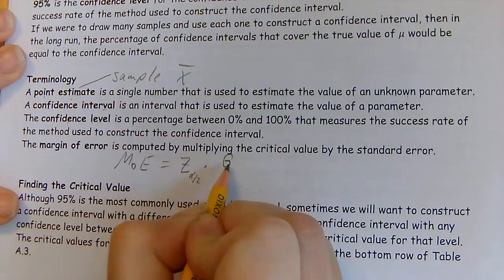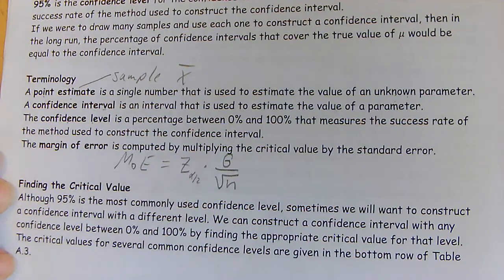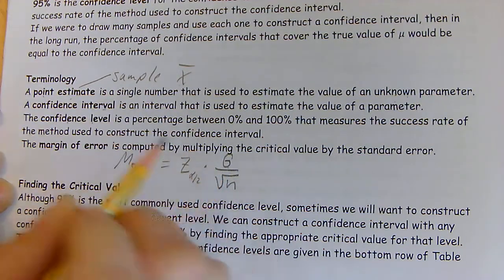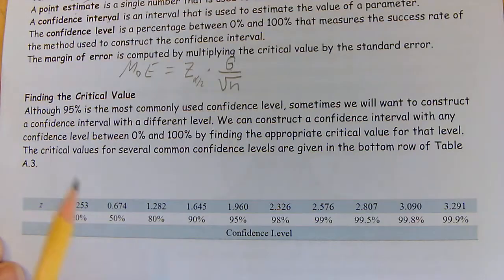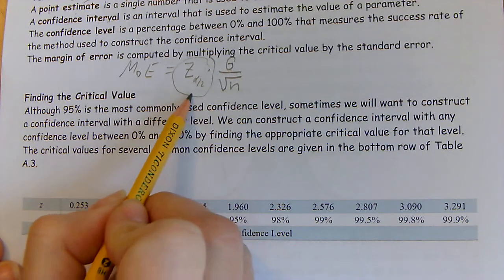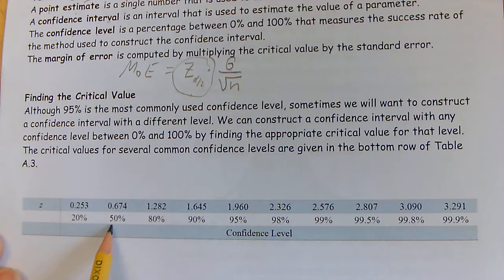Critical value times the standard error. That is a sigma, even though it does not look like it. So finding this critical z value, there is a table that lists common levels of confidence with the given critical z value. 95% confidence, the critical z value is 1.960.